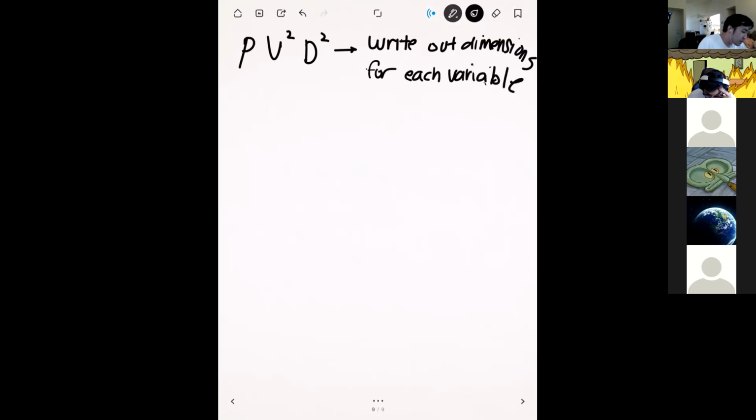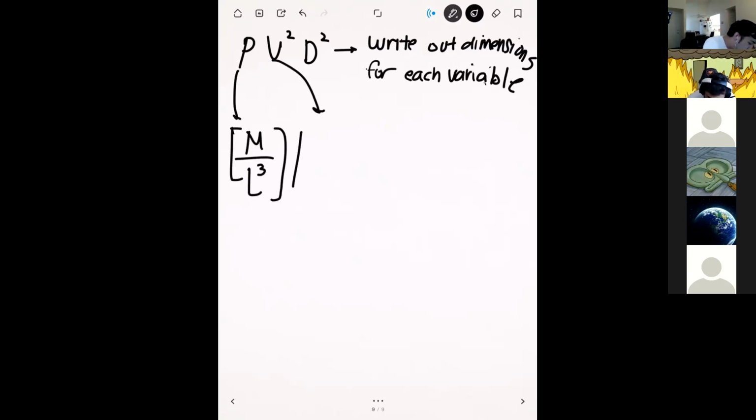Okay, so let's start with the density. The dimensions for density are going to be big M, mass, all over L cubed. So it's a mass over a volume. Next, we have the velocity squared.